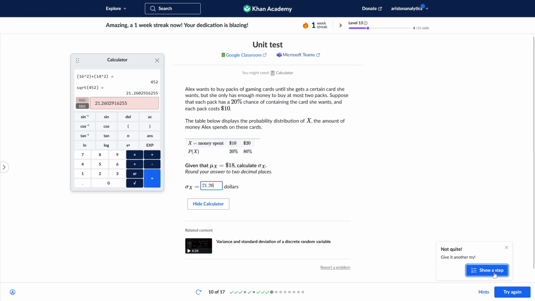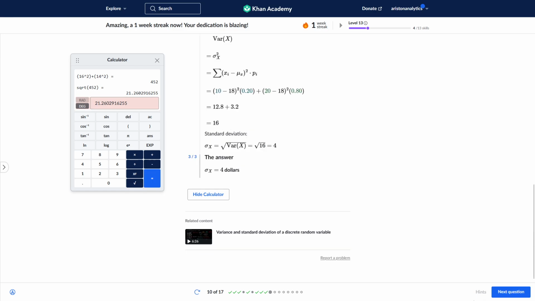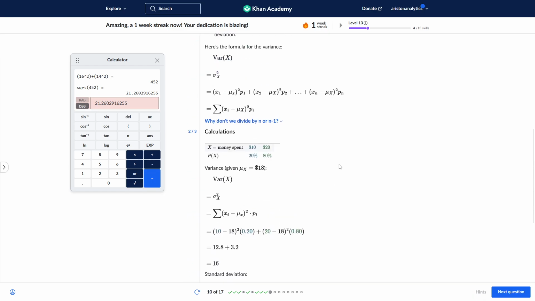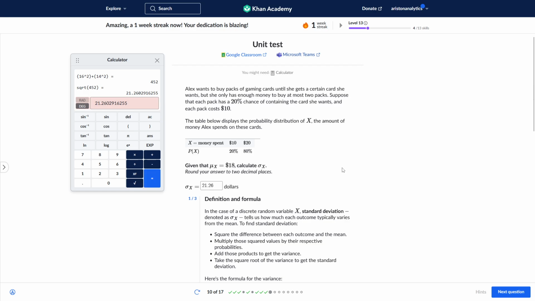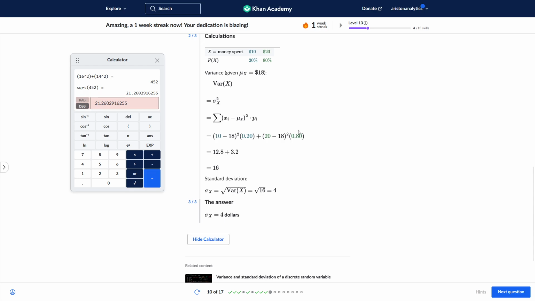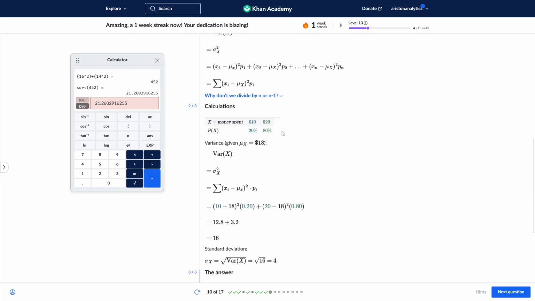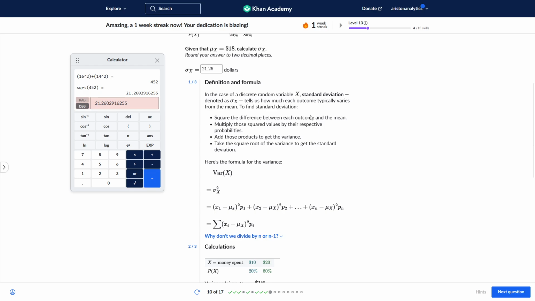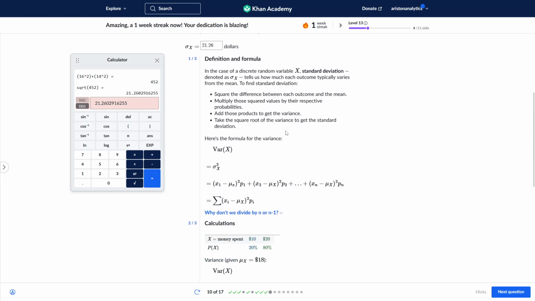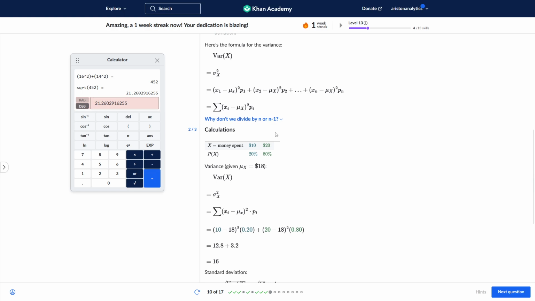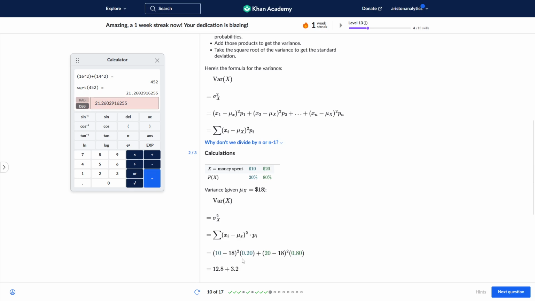Fuck, I keep forgetting how to calculate standard deviation. God damn it. Fuck, it wasn't even asking for... No, it was. Wait, what? Okay. 0.2 is outside.